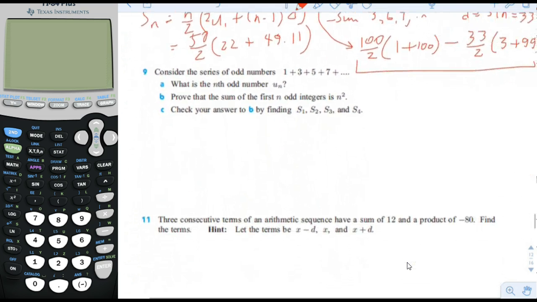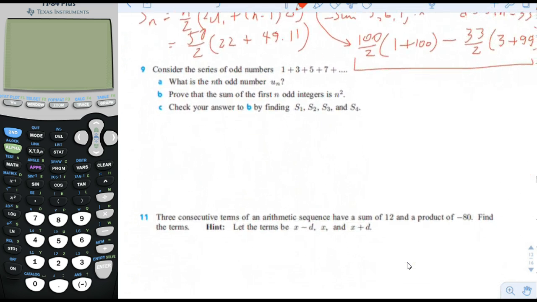Okay, 9. Consider the series of odd numbers, 1 plus 3 plus 5 plus 7, etc. What is the nth odd number, un? So they just want a general term formula for this. So let's see. un is equal to 1 plus n minus 1 times 2. Okay, that's the general term for this sequence. Prove that the sum of the first n odd integers is n squared.